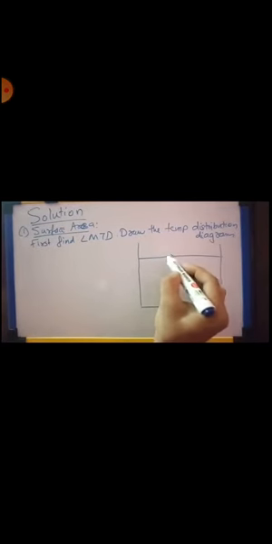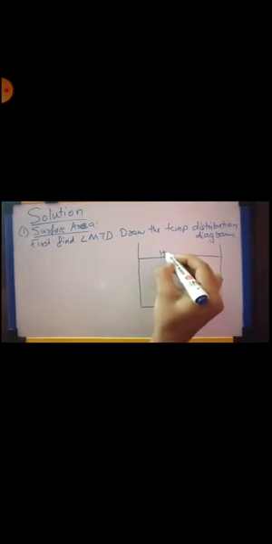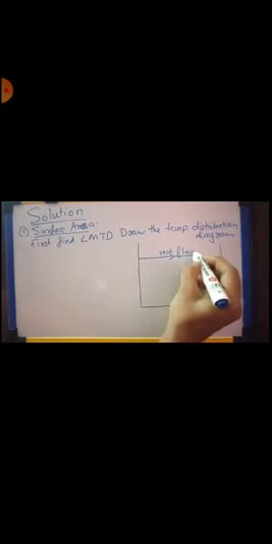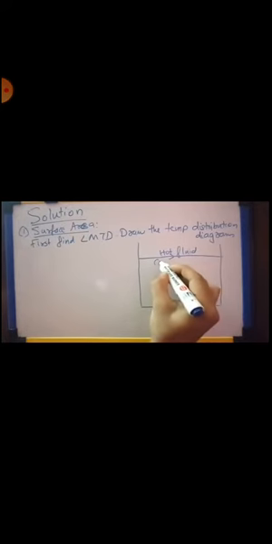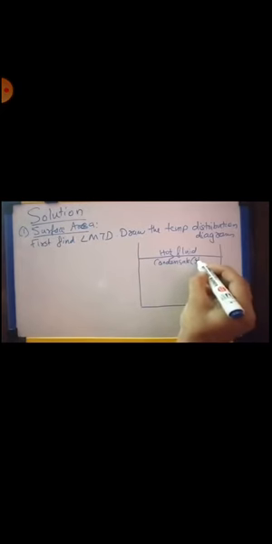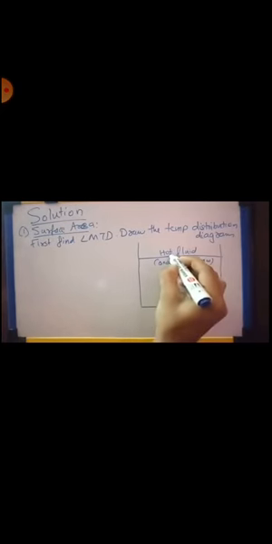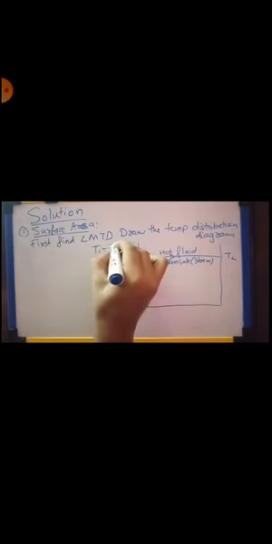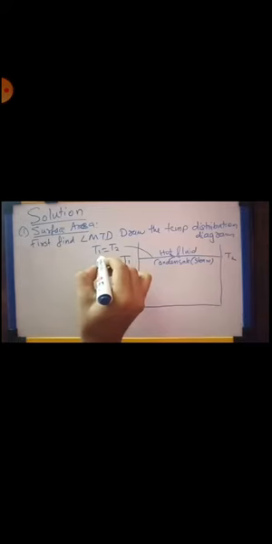This line represents the hot fluid. Here the hot fluid is condensing steam. Condensing means the temperature remains constant. Therefore, it is a horizontal straight line. Temperature does not increase or decrease from inlet to outlet. T1 is equal to T2.